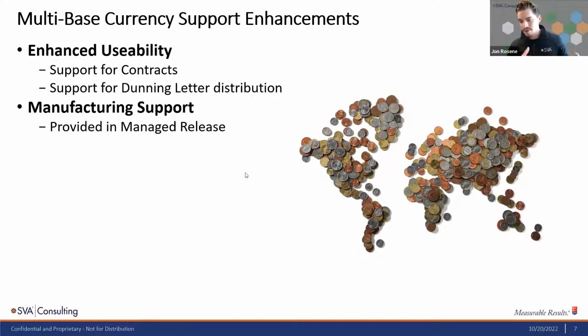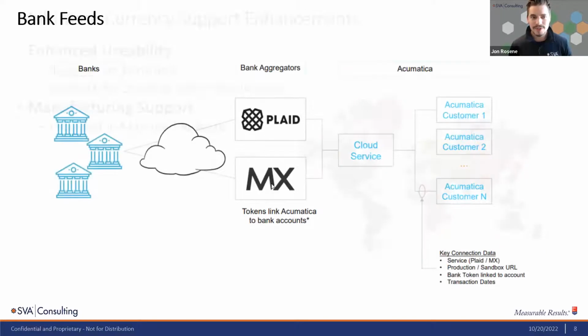We saw a limited version in 22R1, and we see enhancements in 22R2 across some of those modules that were excluded. Additionally, you'll see support for contracts and for Dunning letter distribution. We had some limitations in 22R1 regarding those two components, and now we have the full usability available to us with the multi-base currency option. All right, so again, two options that have been set at that tenant level moved into our company structure.